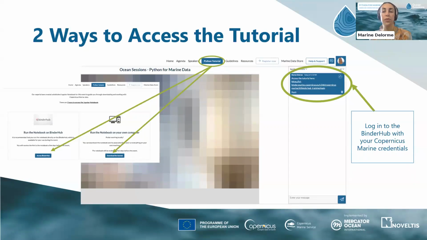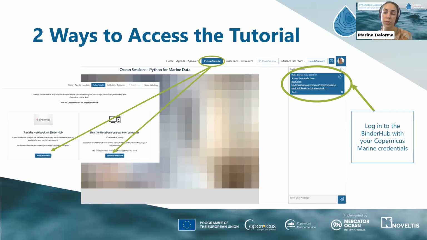There will be a total of 5 exercises, and we will answer questions each time we pause. We recommend that you click on the BinderHub link now, as it may take a few minutes for the environment to launch. You can find the link in the chat on the event platform. It's being posted right now. By going to the Python tutorial tab of this website and clicking on Access BinderHub, as you can see on the screen.